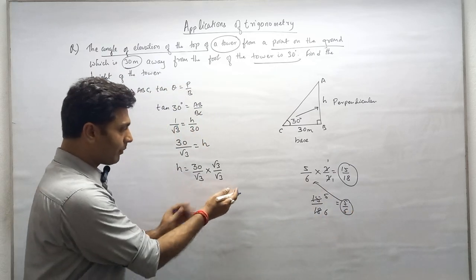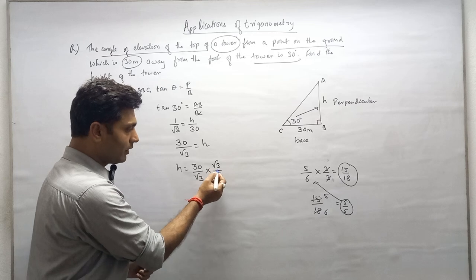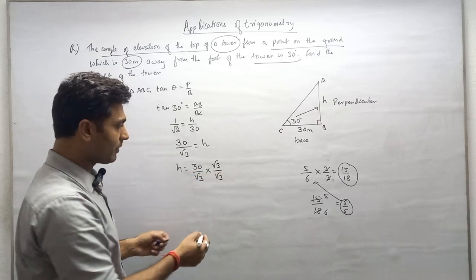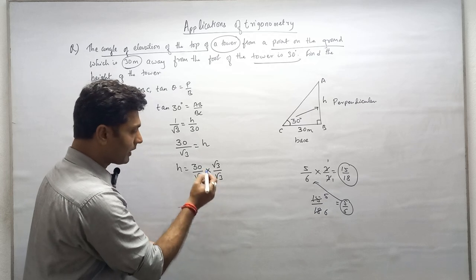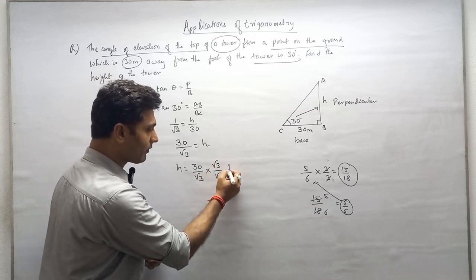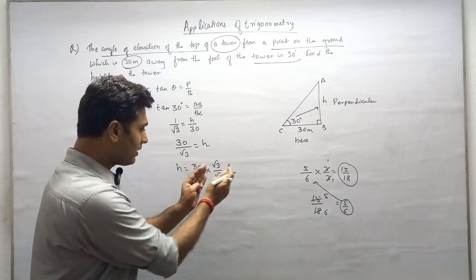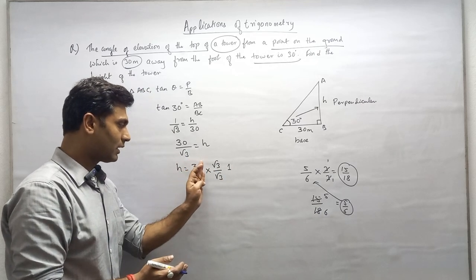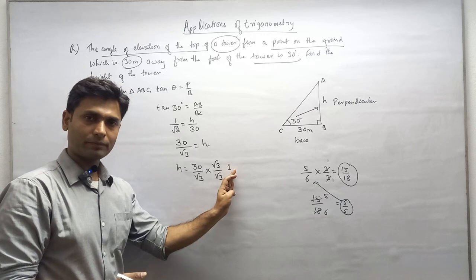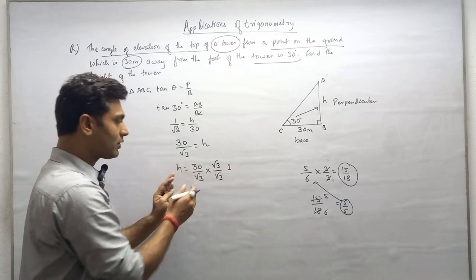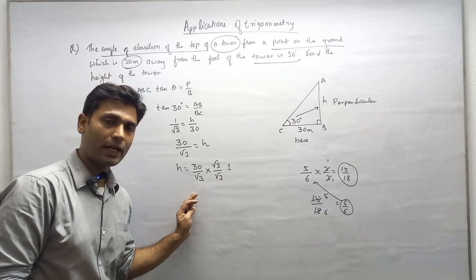Now if you apply the same knowledge, when we multiply both numerator and denominator by root over 3, root over 3 divided by root over 3 leaves 1. So we are actually multiplying h is equal to 30 by root over 3 by 1. We cannot change the value of the fraction.